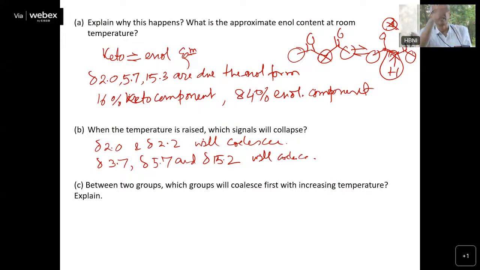If you go to very high temperature, you will see only two peaks. Now for these two peaks, you have to find out their relative chemical shift values. If we assume there is no change in the keto-enol content, you will be able to tell 84% is enol content, 16% of keto, and you have the peaks here.